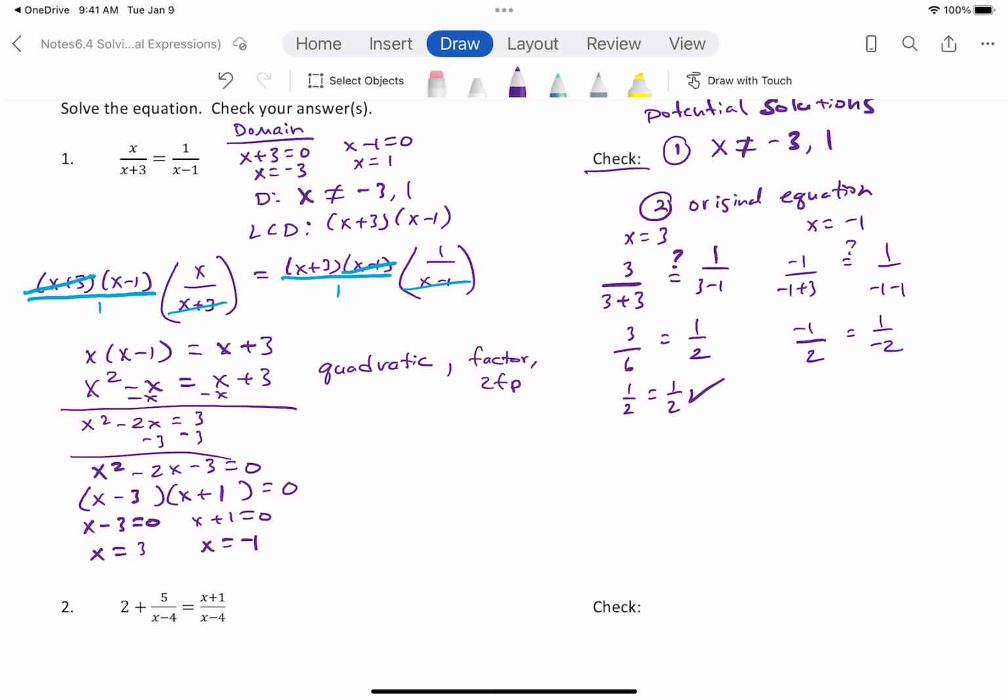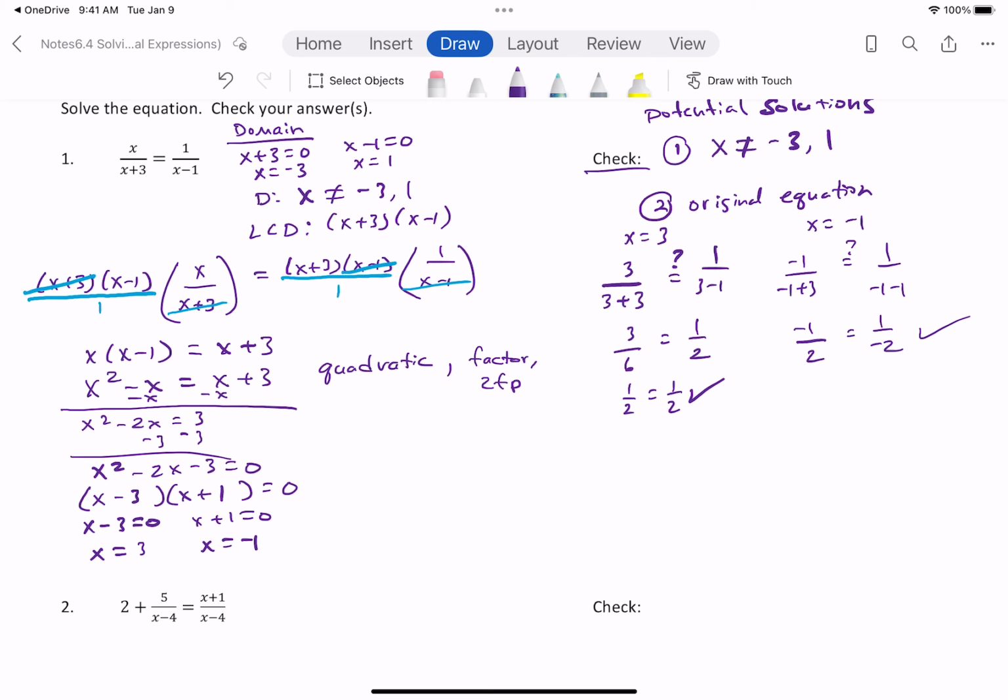And remember, with negatives, it doesn't matter if there's just one, whether it's in the top or the bottom. So these are equivalent. So that means both of my potential solutions are okay as far as the domain, and they both satisfy the original equation.